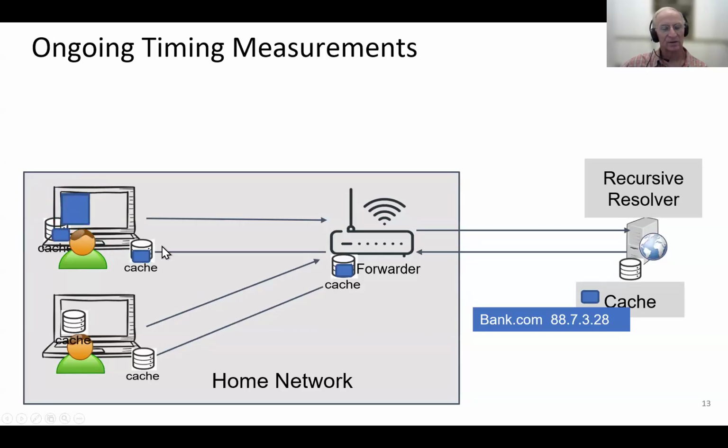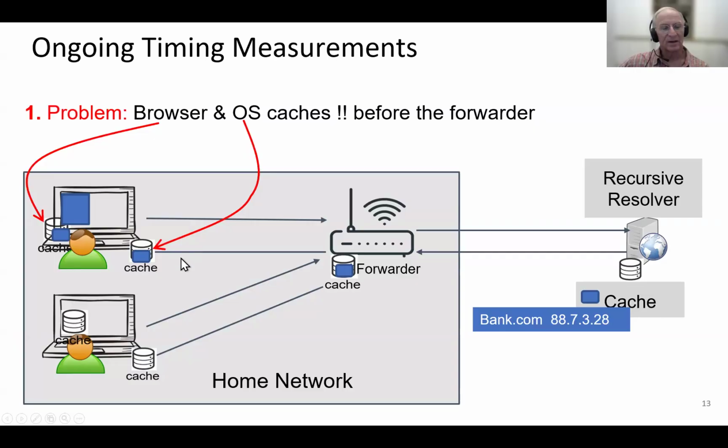I noticed that not always the operating system cache is used or available. We'll discuss it later. In any event, we need to do the timing of another DNS request, but the result could be in one of these caches, so we will not reach the forwarder cache, which we want to measure. Is it in the forwarder cache, yes or no? So we need to go around these two caches.